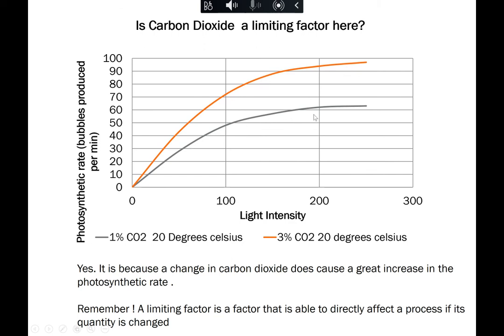From 1%, which is so low, to 3%. Again, a limiting factor is a factor that affects a process if its quantity is changed. Changing from 1% to 3% causes a change in the rate of photosynthesis, so in this case carbon dioxide is a limiting factor.